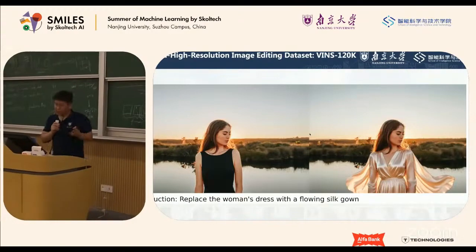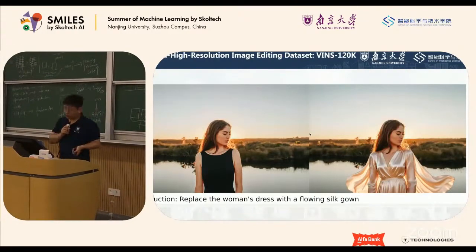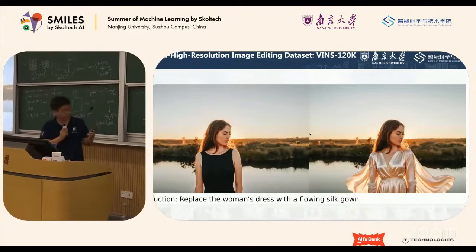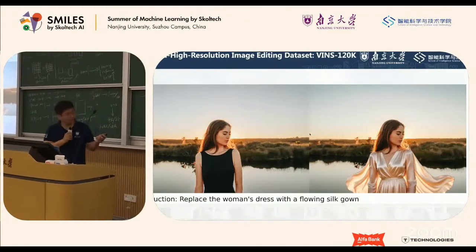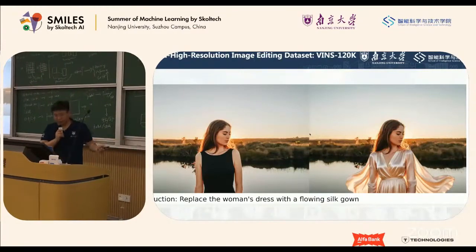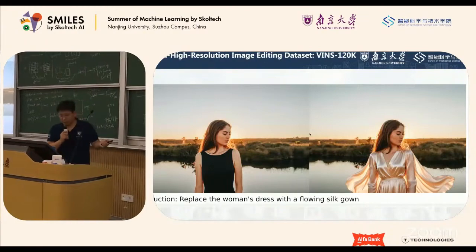Here are some examples in our dataset. This example replaces the original garment with a flowing silk dress. The main evaluation criteria are the realism of the fabric and folds, while the person's identity, the pose, the background, and the illumination should remain stable.